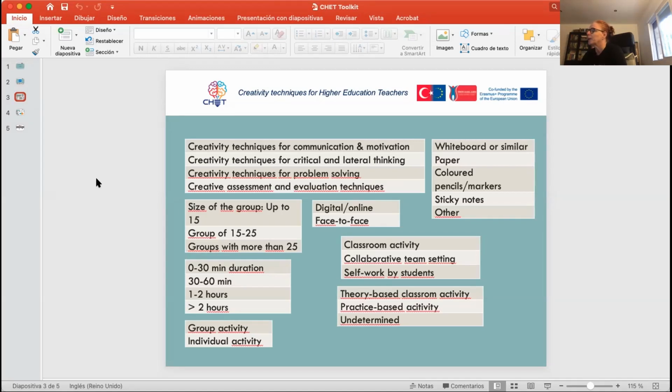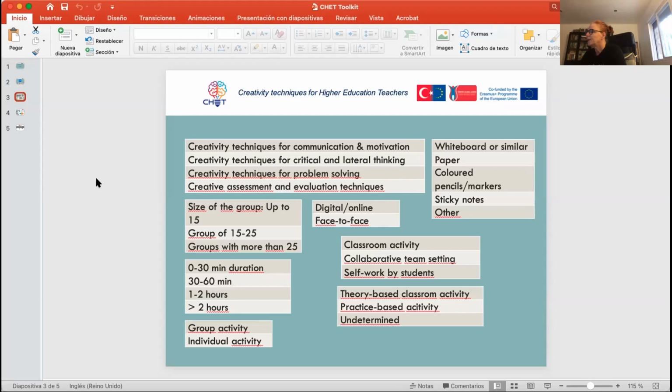Others work better with larger groups, and some work better with all sizes of groups, depending on how you adapt the technique and its use. So in those cases where the technique indicates that you can have more than one size of group, there will also be tips and tricks to adapt it to either smaller or larger groups.